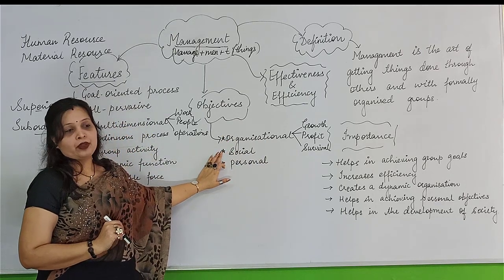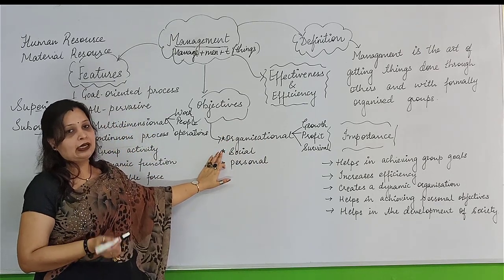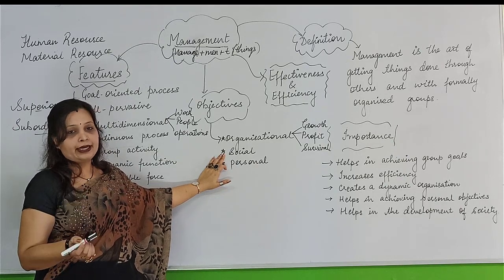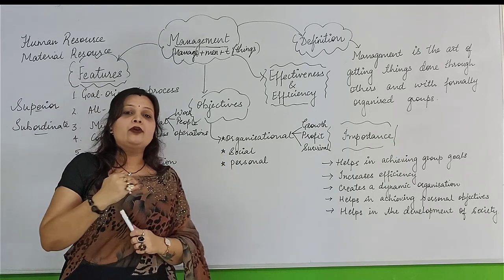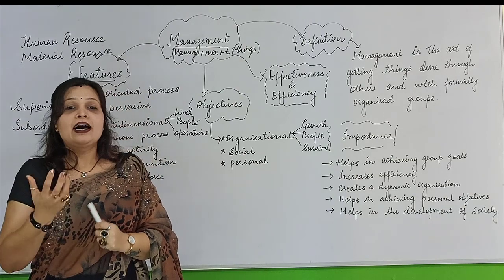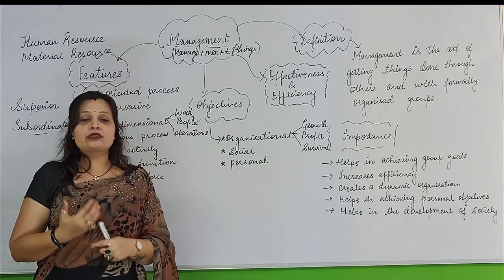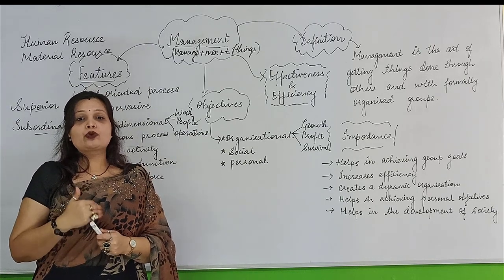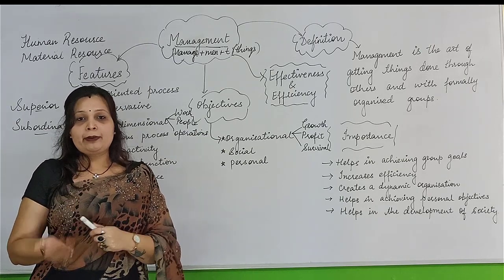Second is social. From the word social, you can understand that this objective is related to society. When we are working in a society, we are getting all the resources from the society. So it is our duty, our social responsibility, to give them back.